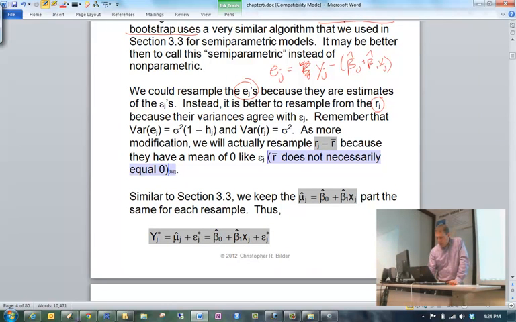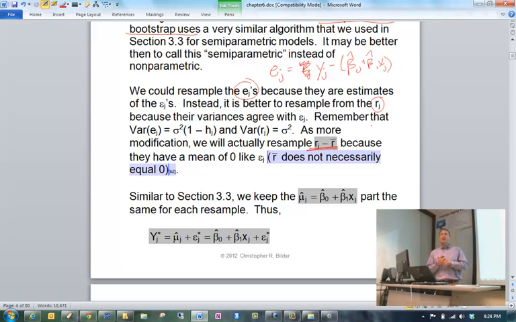And we'll do one more modification, as I alluded to earlier, so that we have something that has a mean of 0. We're going to actually resample r sub j minus r bar. Now this r bar, the mean of all the r's, will be very, very close to 0, but it won't be 0 exactly. We'll just realize that.